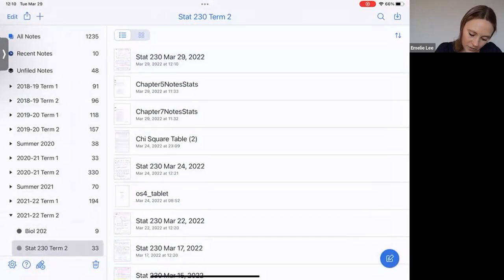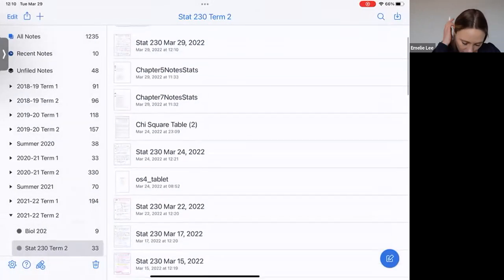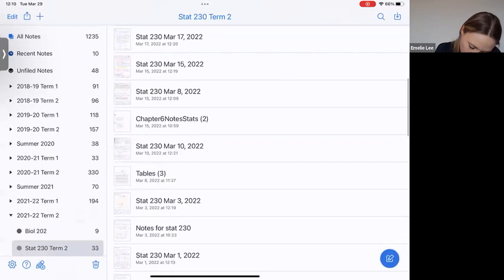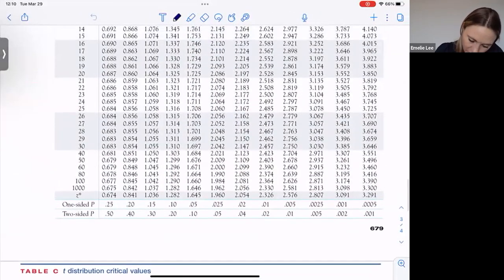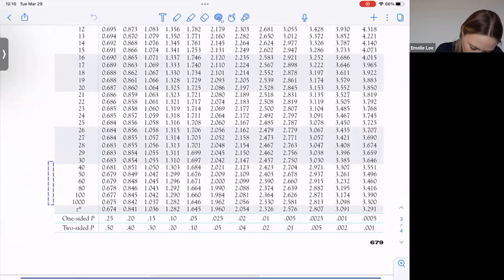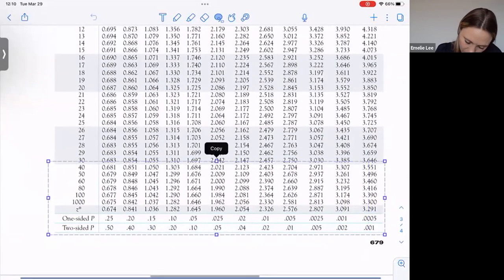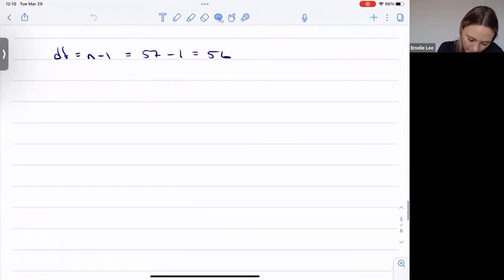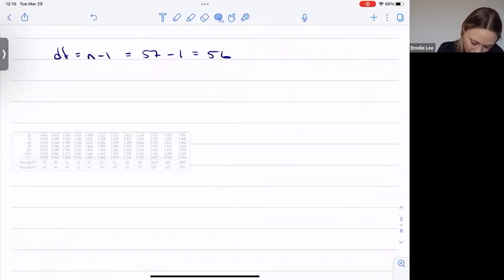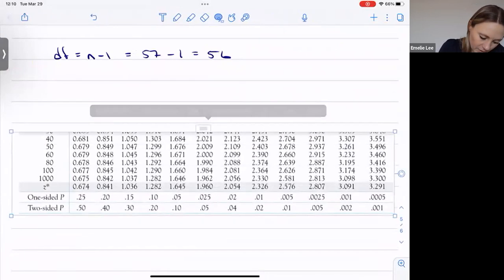So if I go to my table, I did a little chopped version, but I'm going to need to do another one. And I'm going to need the top of that as well.